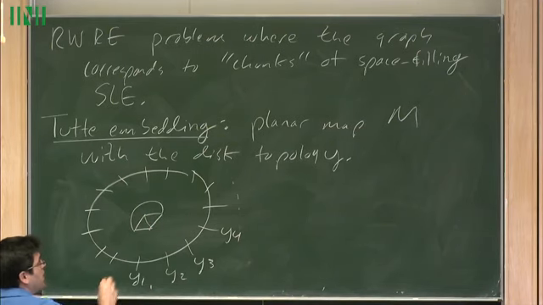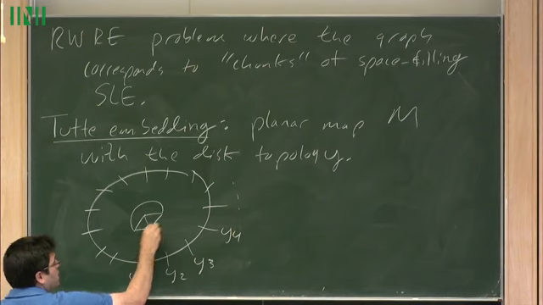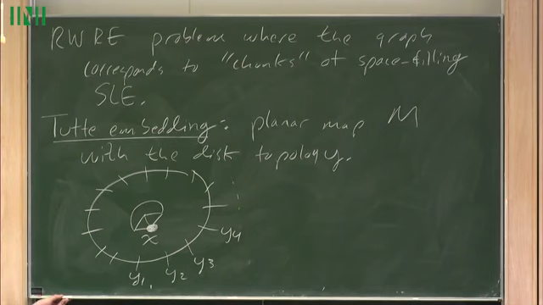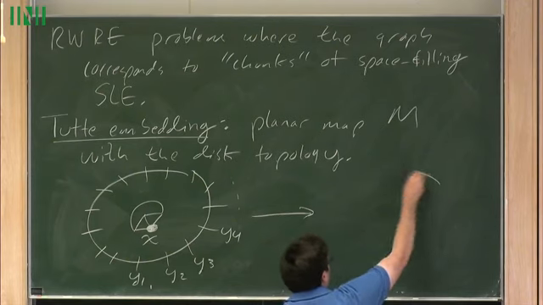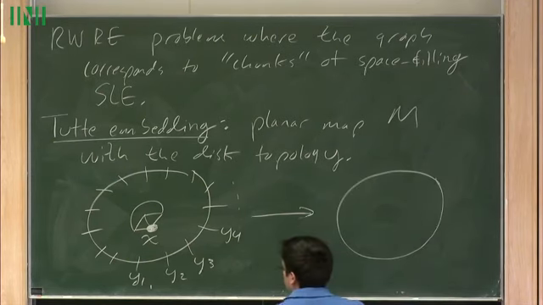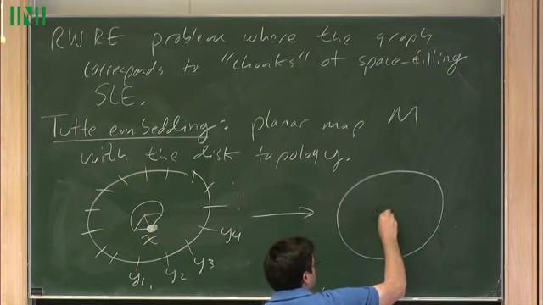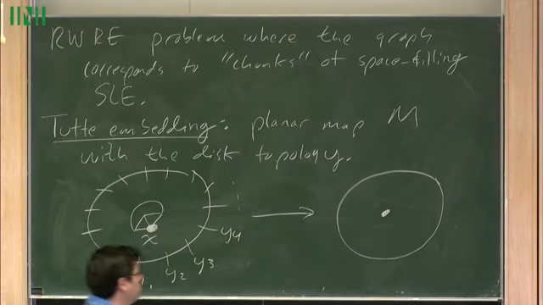And I'm going to assume that I have some marked vertex on the inside. Let's call this vertex x. Under the Tutte embedding, I'm going to be mapping my planar map to the Euclidean disk, and this vertex x is going to get mapped to the origin.